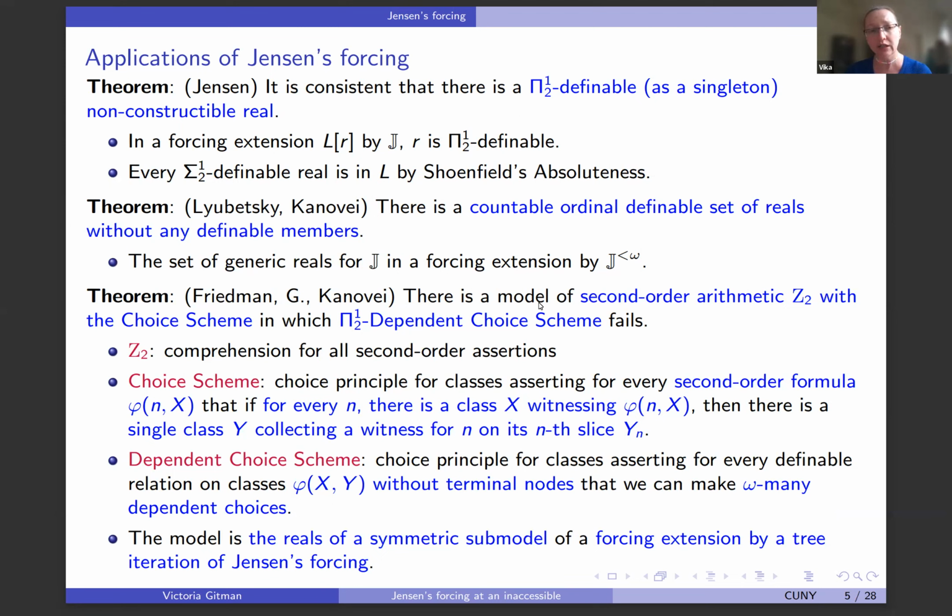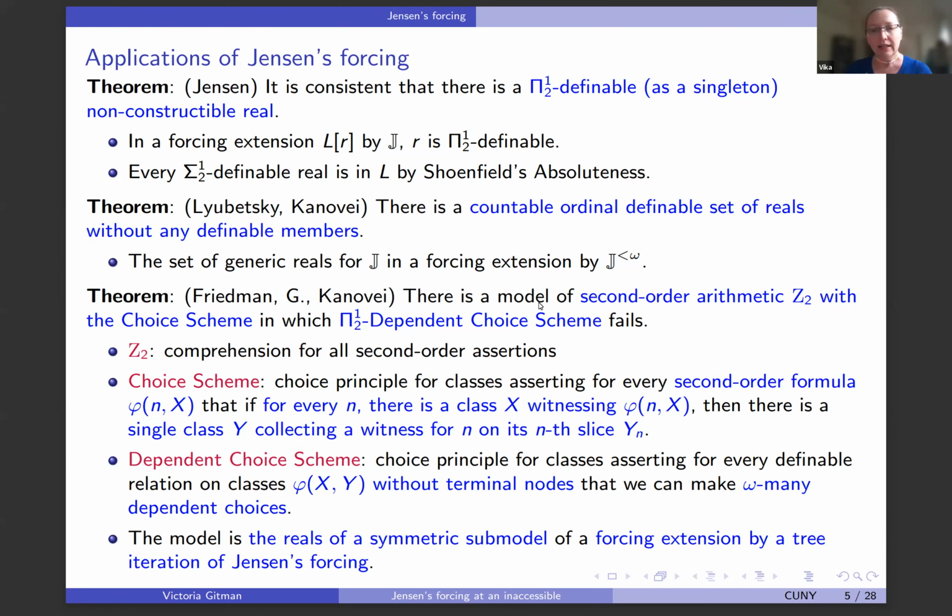The question got a ton of upvotes, a ton of comments, and people didn't really know how to answer it. And with this theorem, you have the answer that yes, it is possible. Namely, the set is the omega many Jensen reals in the extension by the omega length product of Jensen's forcing. So this is why Kanovei and Lyubetsky proved their theorem.